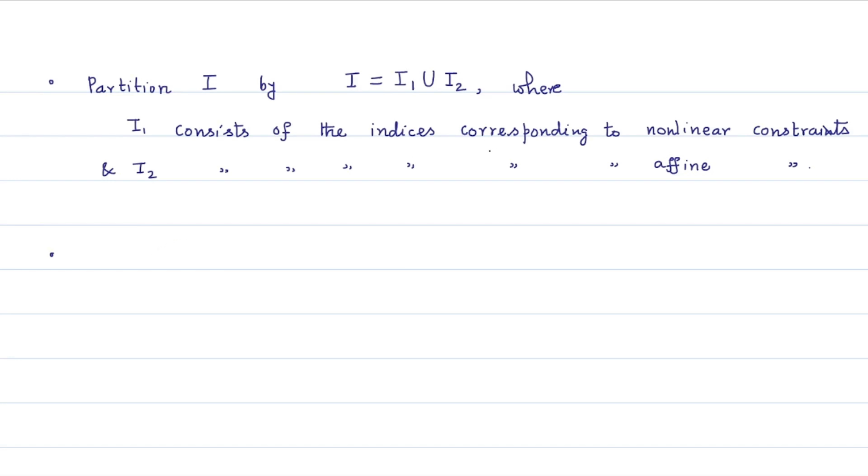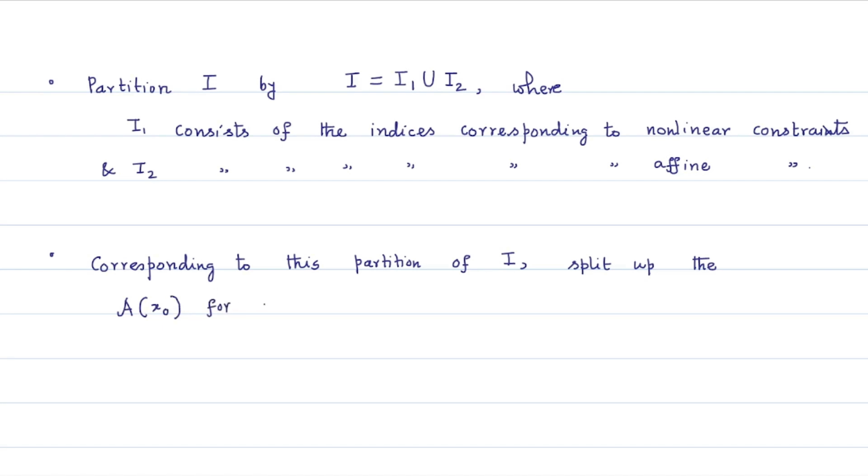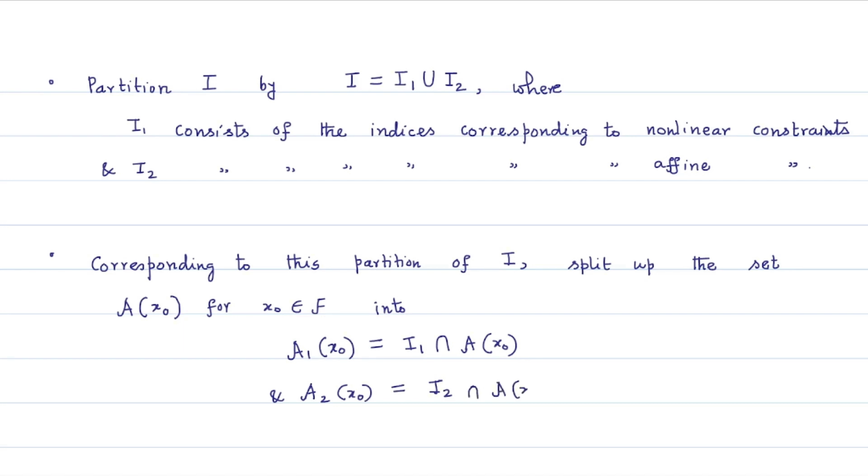Corresponding to this partition of capital I, we split off the active set of indices at a feasible point x naught into two parts: A1 at x naught, which is I1 intersection A at x naught, and A2 at x naught, which is I2 intersection A at x naught.